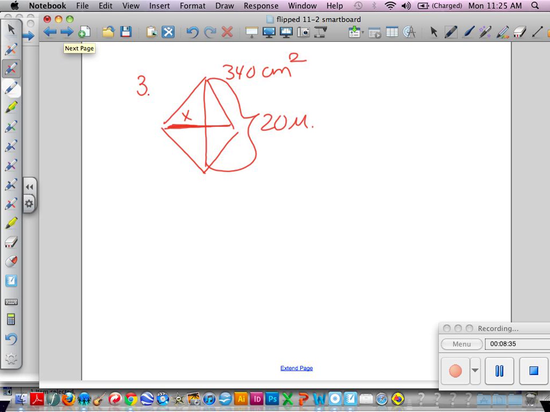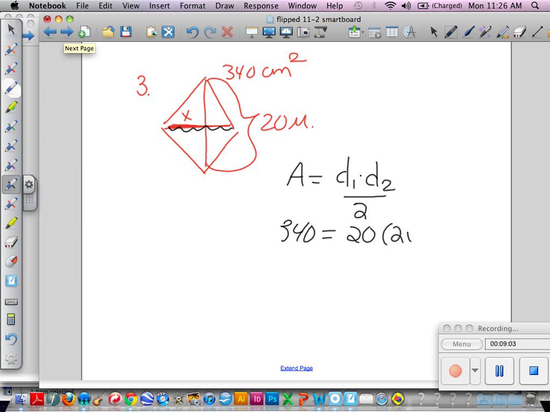And so we have a rhombus here, so we're going to use area is D1 times D2 divided by 2. My area is 340 equals, one of my diagonals is 20. This other diagonal here is really 2X, because it's X right here and it's X right there, so that's 2X. And then I need to divide by 2.